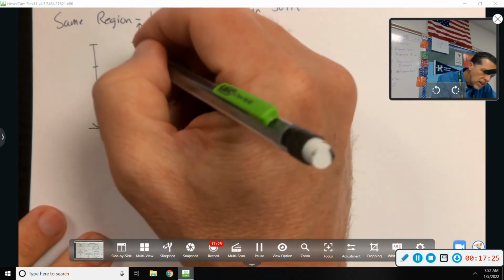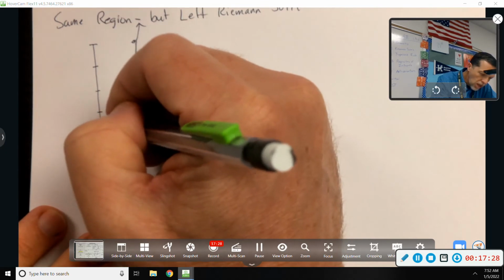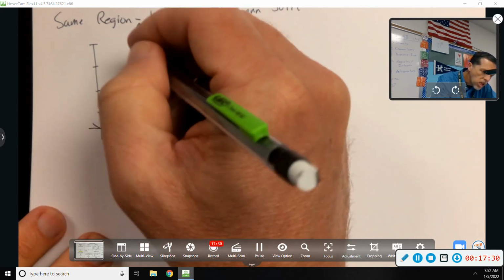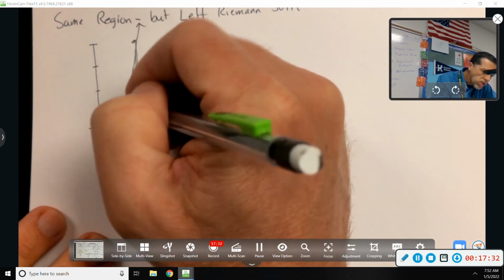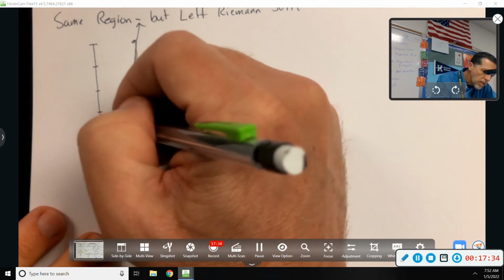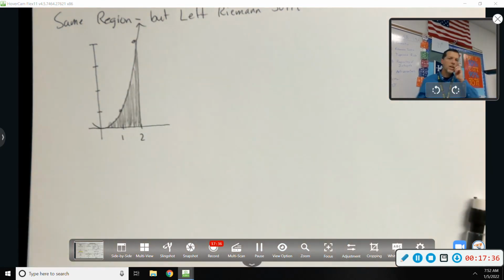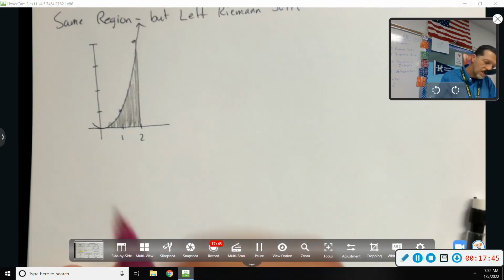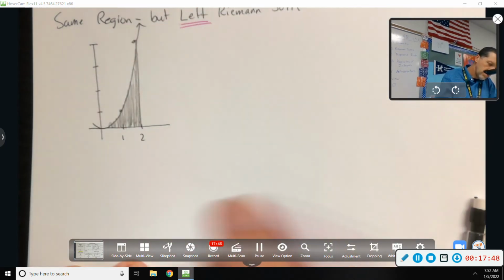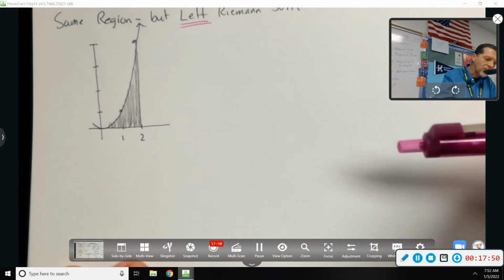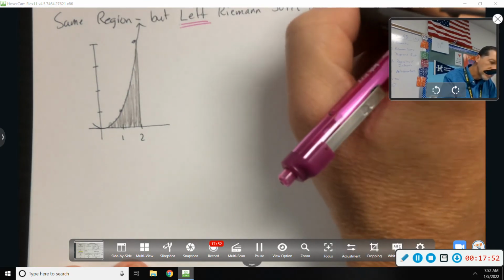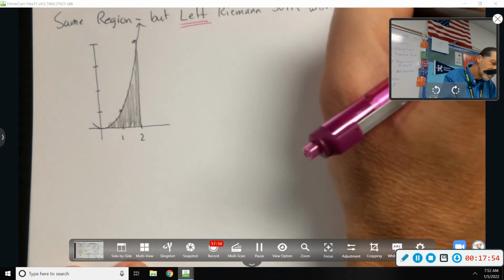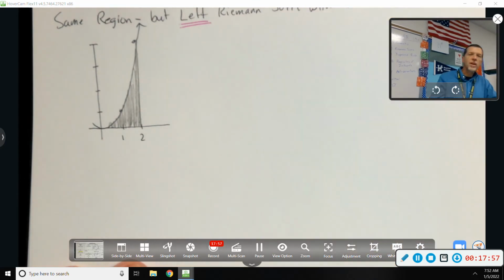Parabola. We're only going to 2. So there's the area that we want to estimate. It's the same as last time, the same starting area. Left Riemann sum. I guess I should have said with 4 intervals. Similar problem.